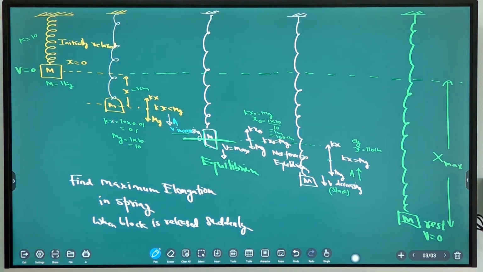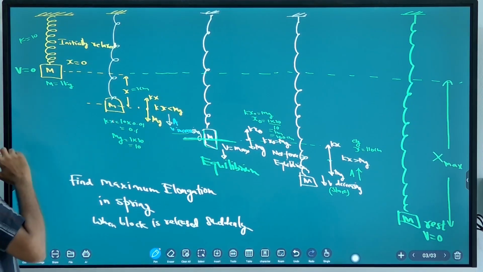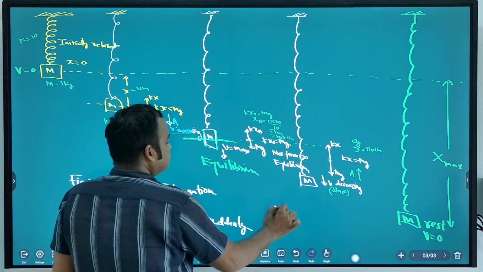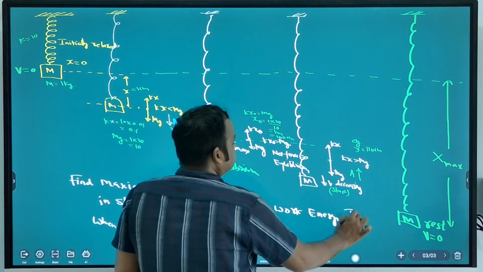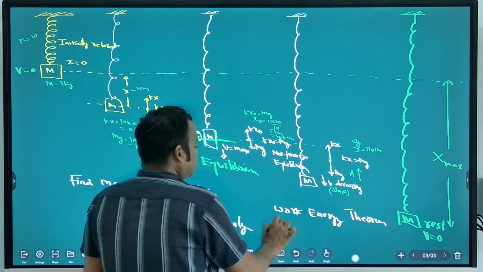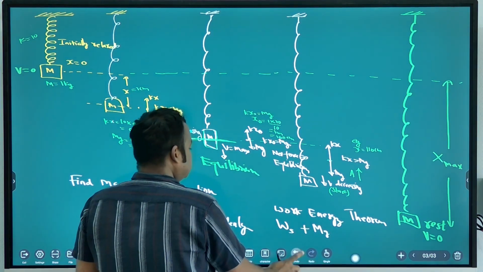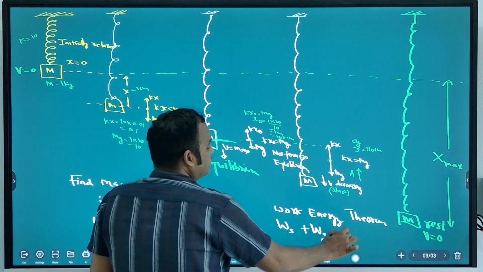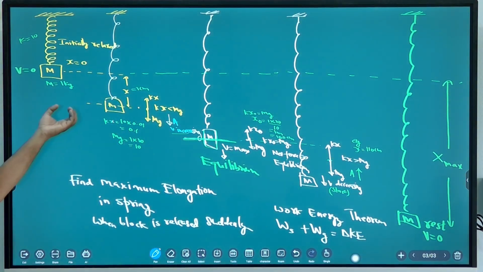Once you understand what is going on in this situation, then use the formula. Work energy theorem. What is the work energy theorem? Change in kinetic energy is equal to total work done. So work done by spring plus work done by gravity is equal to change in kinetic energy. Who is doing work here? Why is this block coming down?